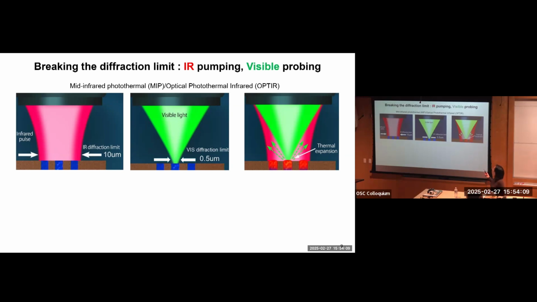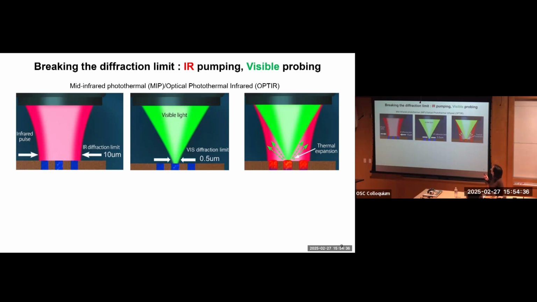Then we introduce the second, visible light shining onto the smaller feature. The visible light will be scattered off from this feature. And we know that the scattered light is related to the sample dimension and also the refractive index. So by measuring the scattering intensity in the far field before and after infrared absorption, we can map the infrared absorption using our visible light.